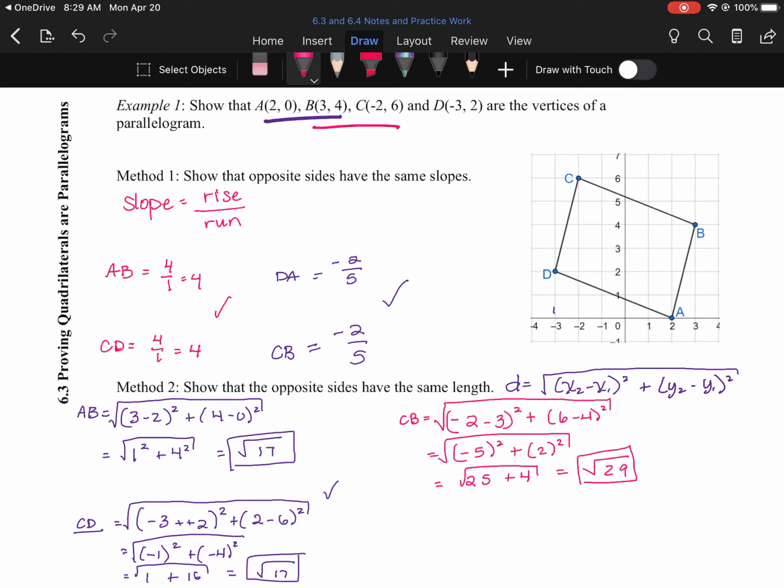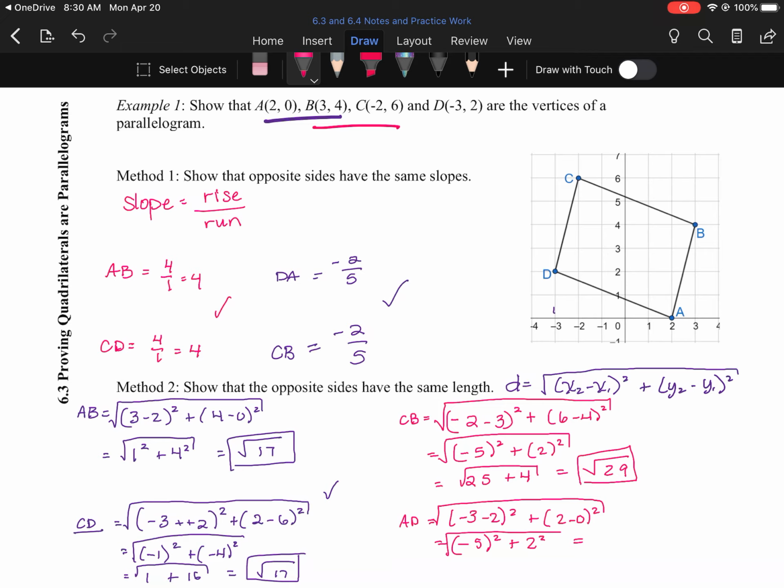All right, and now we have A to D to do. A to D. So we have negative 3 minus 2 squared plus 2 minus 0 squared. So negative 5 squared plus 2 squared.